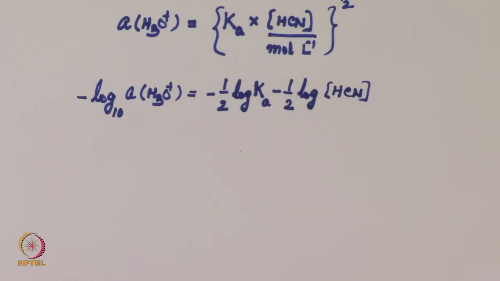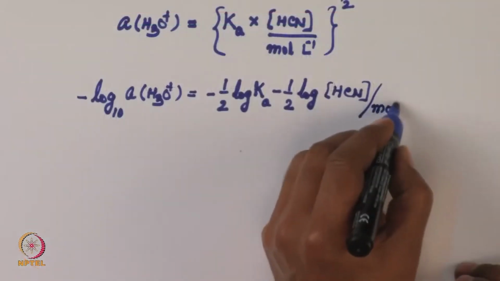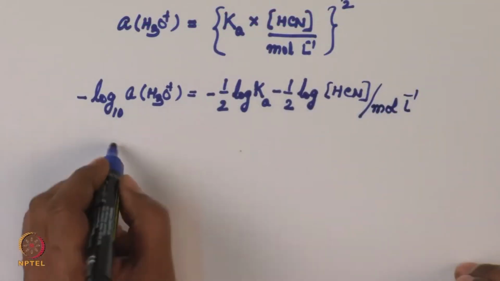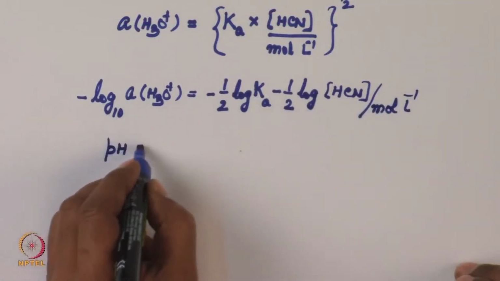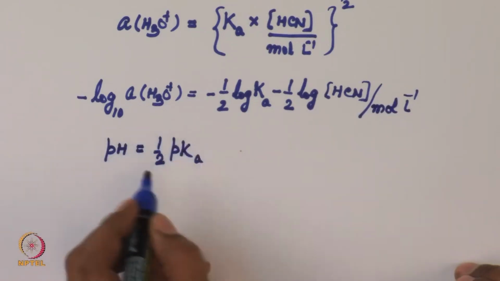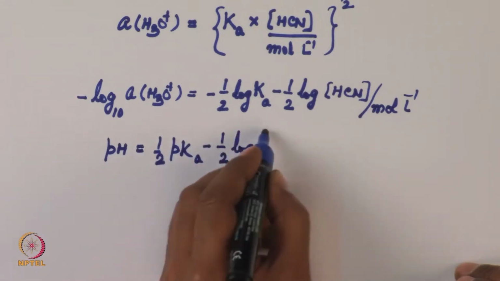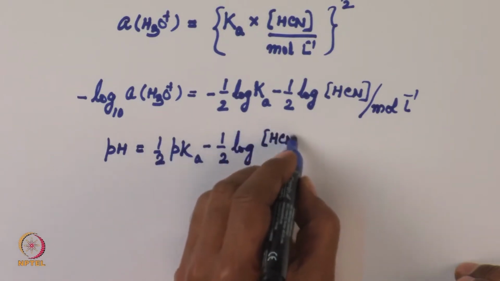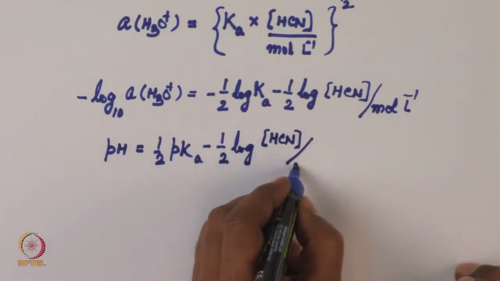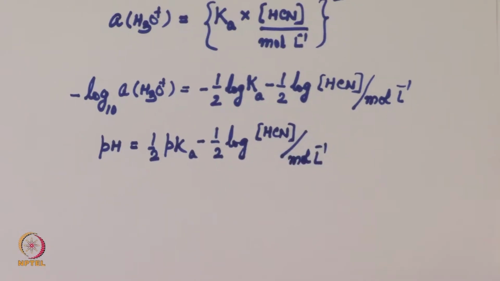So, therefore, I can write this as pH is equal to half pKa minus 1 by 2 log concentration of HCN, and I divide by mole per liter to make it a dimensionless quantity. And let us take a look at the slide now.